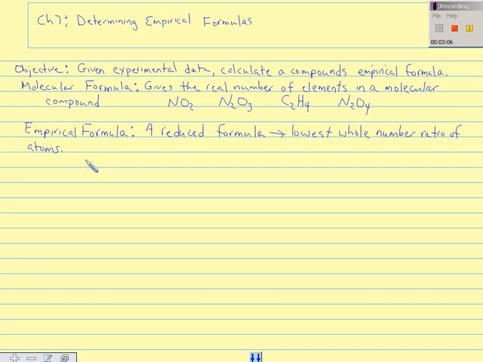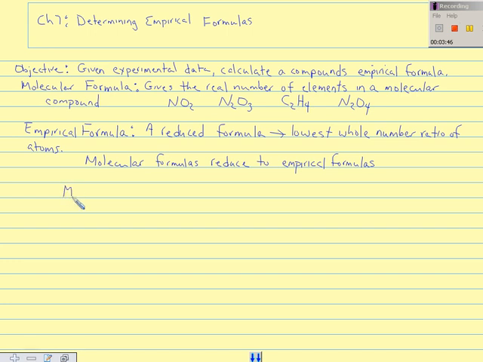So we can take a molecular formula and reduce it to an empirical formula. Let's do some examples so that you get the hang of it.